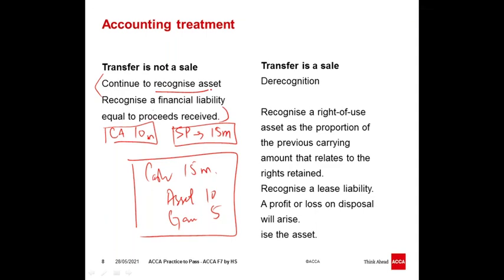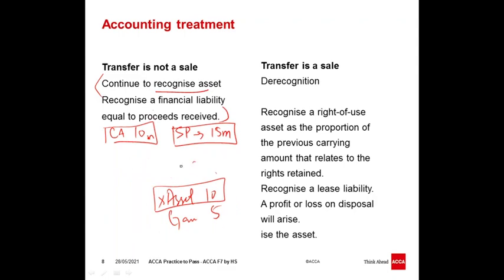In place of de-recognizing the asset, which means that you are going to credit the asset in the books because you have lost the control of the asset, and recognizing a gain, the standard says that you continue recognizing the asset in your books of accounts, and whatever cash that you have received will be recognized as a loan.